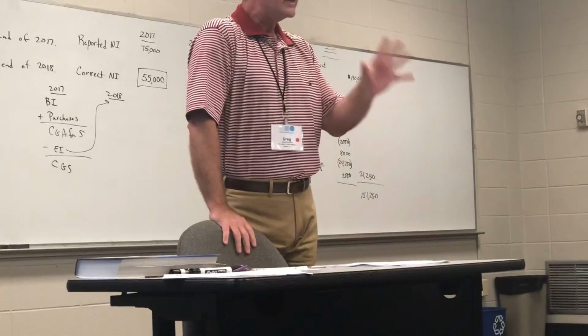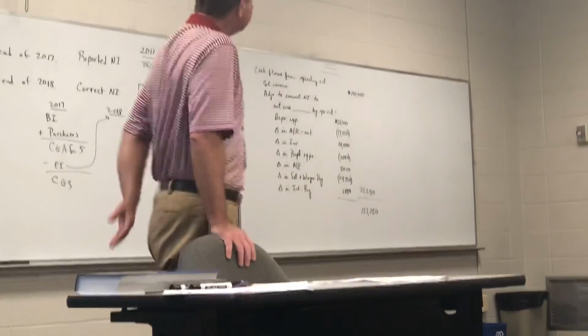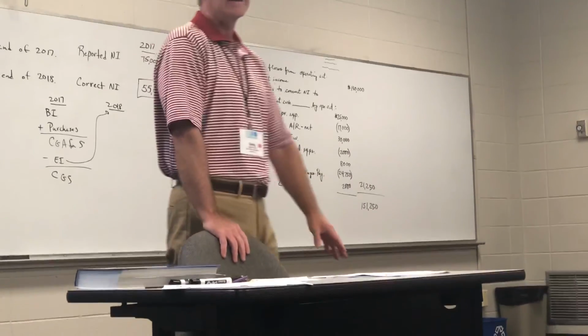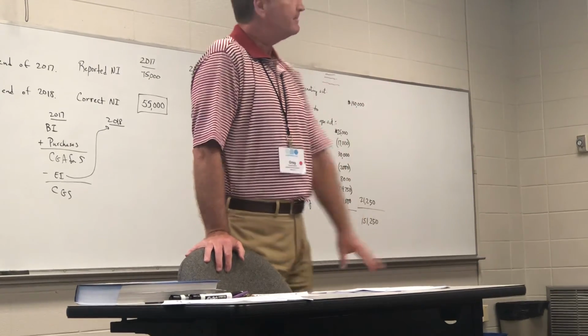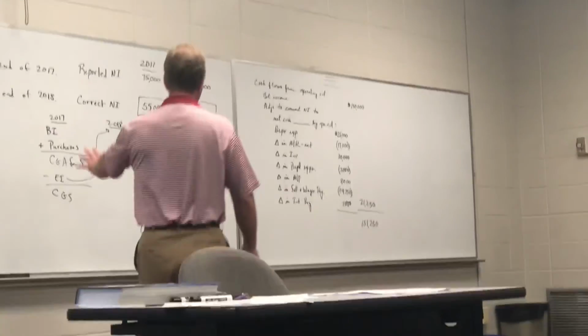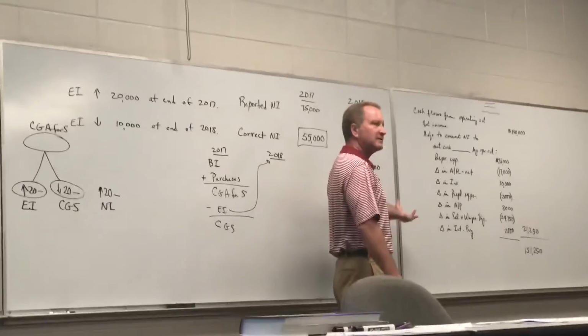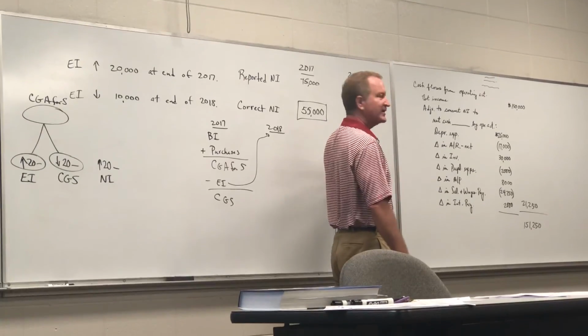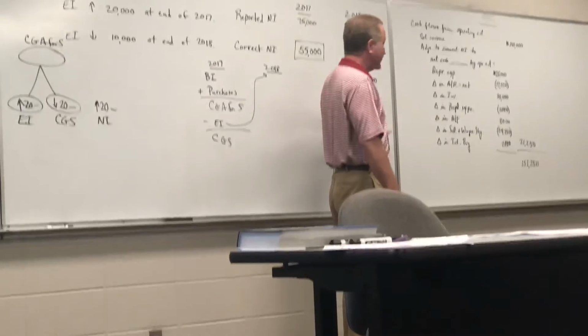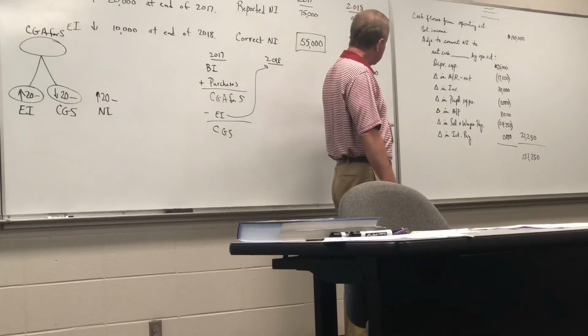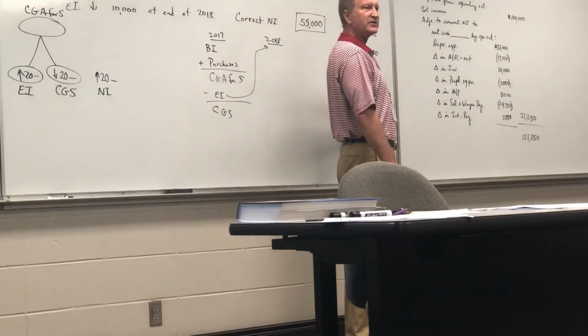And be cautious of this. I have had people cry on the final exam, and here's why. When they get all the way to the end, they have change in cash during the year, 100,000, plus 20,000 at the beginning of the year, should be cash at the end of the year, 50,000.